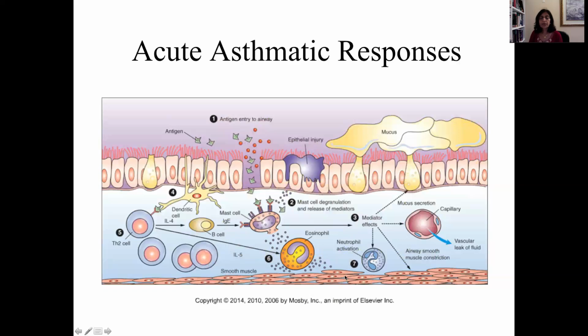Okay, so you're talking about neutrophil activation, mediator effect. So basically, phagocytes are activated, capillary leakage is increased. So inflammation response is what you typically expect at this point. Another thing that you notice is epithelial injury.